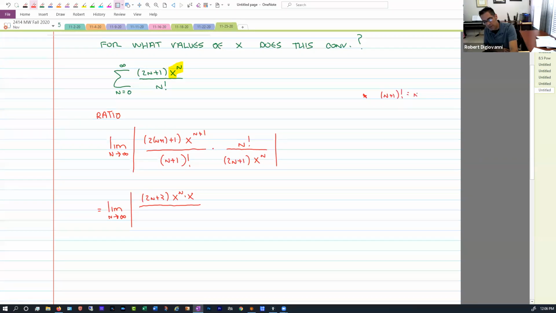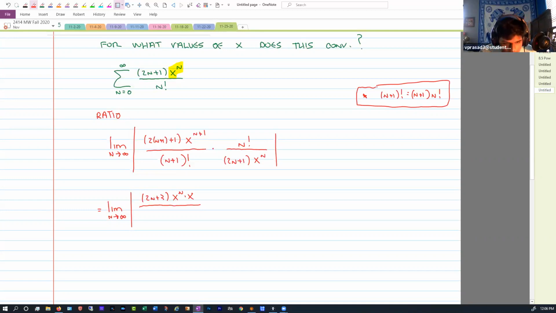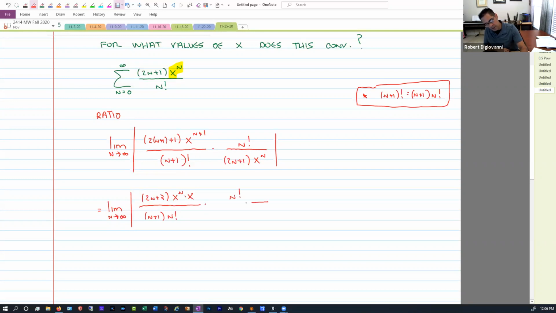They will cancel, yes. But remember this property, we had this from a while back, this right here. Make sure you know that because it's going to come up quite a bit. n plus 1 factorial is n plus 1 times n factorial. So I'm going to rewrite this bottom as n plus 1 times n factorial. And yes, Varun, that will cancel with that n factorial up here.